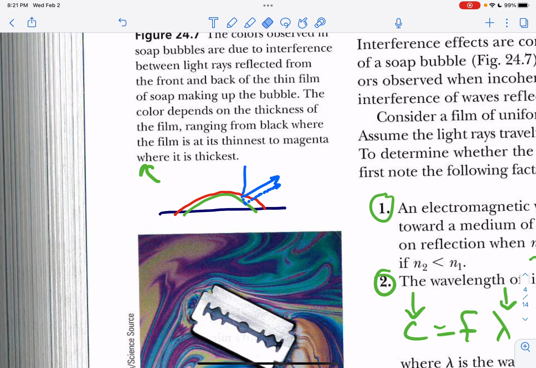And this is water at the bottom, and it was oil on top of it. These two will interfere with each other.